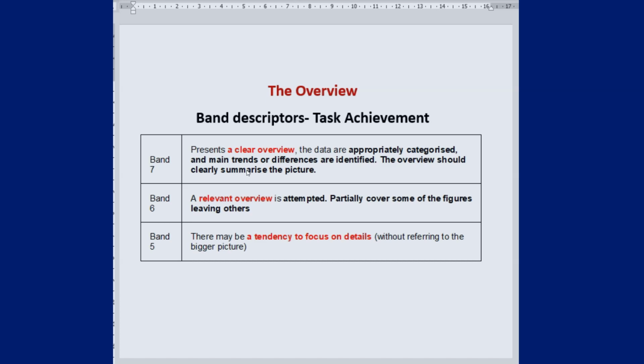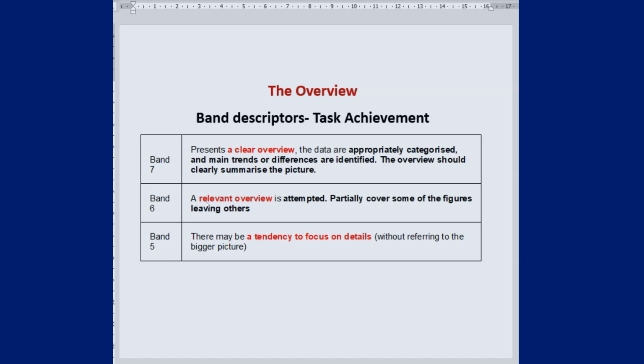Now, how will the person get a Band 6? If you look at the Band 6 overview, the person gives a relevant overview, and that overview is attempted, which means that the overview has been partially covered, right? So some part of the figures have been given, but the others have been left.